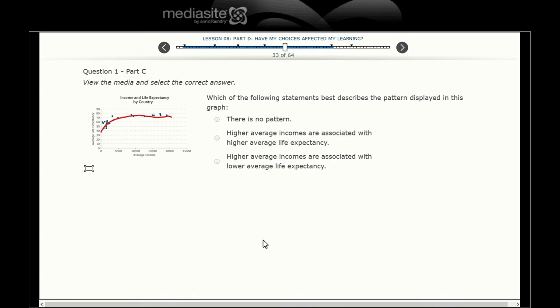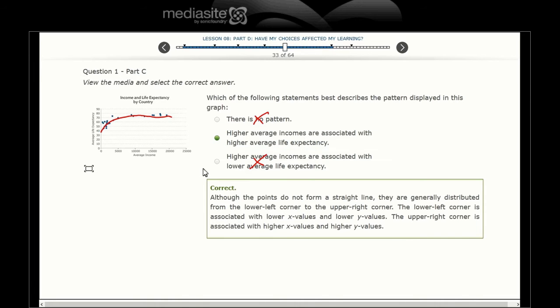Higher average income associated with lower? No. So the more money you make, the longer you expect to live. Although note, it kind of flattens out after about $8,000.